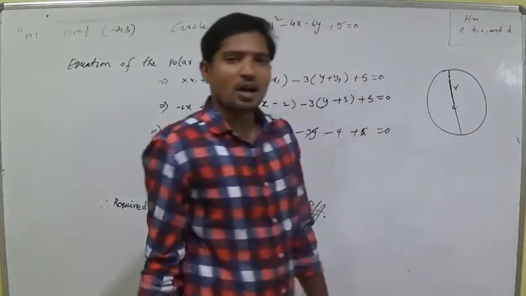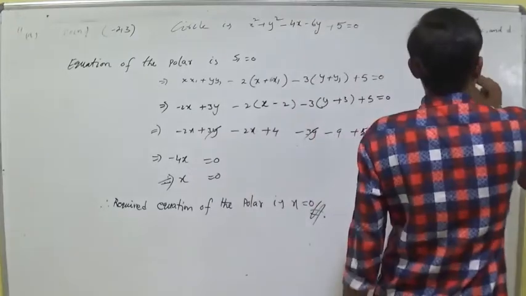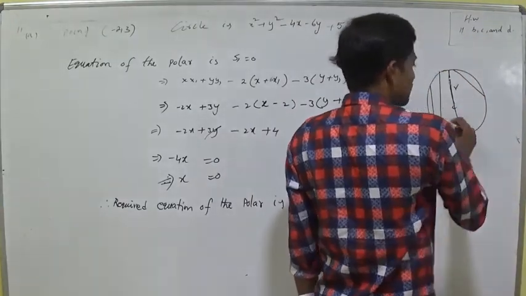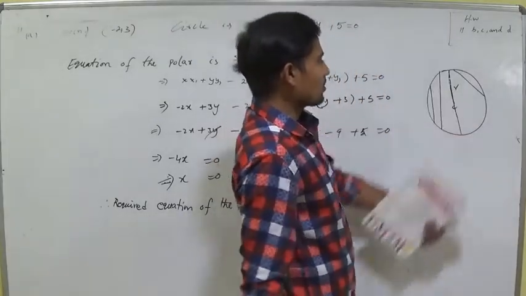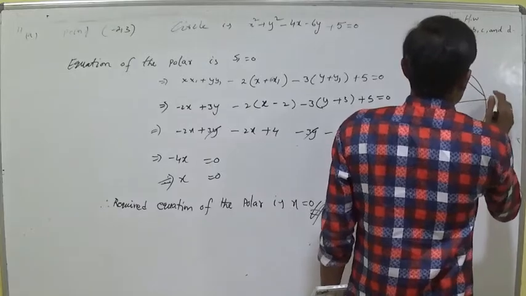About the diameter, the circle is symmetrical, not about a chord, right? About the diameter, the circle is symmetrical.